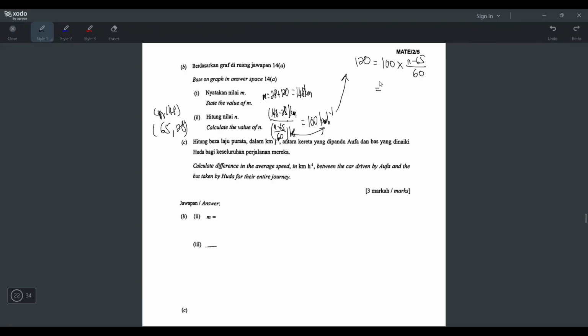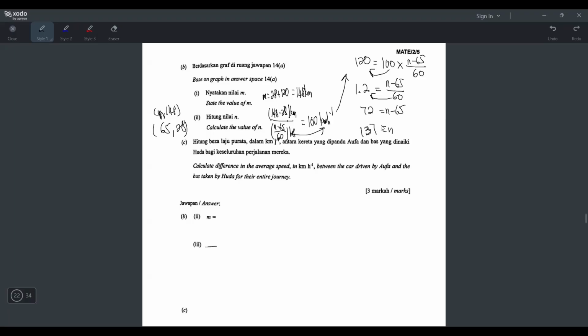Because the fraction is at the bottom, when you move it up it becomes times. Then I move the 100 first: 120 divided by 100 is 1.2, and this is n minus 65 over 60. Then moving the 60 makes it times 60. Press the calculator: 1.2 times 60 is 72.